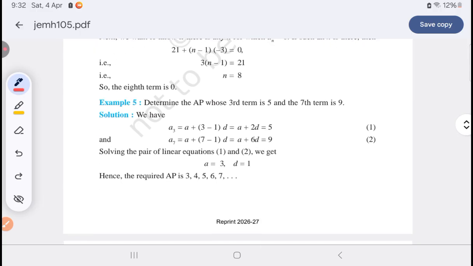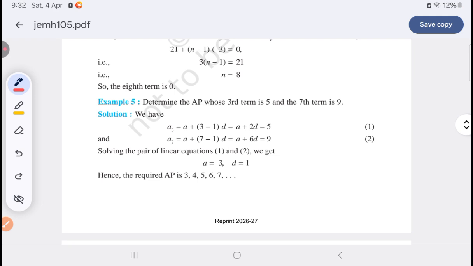Another example. Determine the AP whose third term is 5 and seventh term is 9. So the third term is A3 equal to A plus 3 minus 1 into D. So this is A plus 2D equal to 5, which is one equation. A plus 7 minus 1 D, A plus 6D equal to 9, is the other equation.